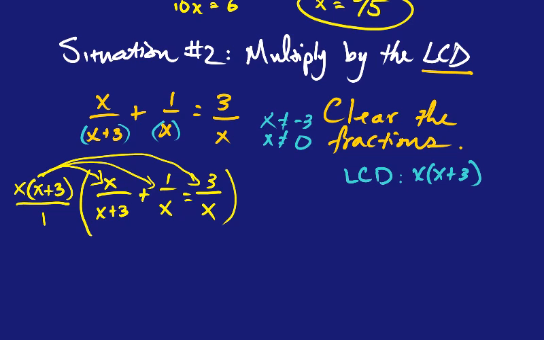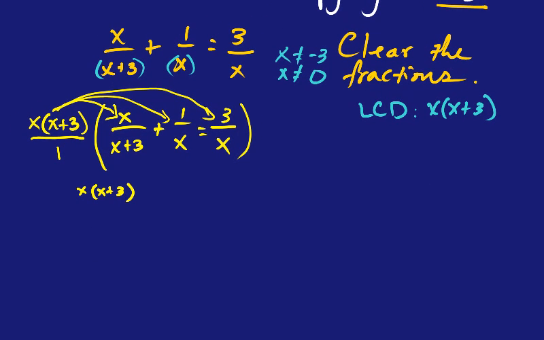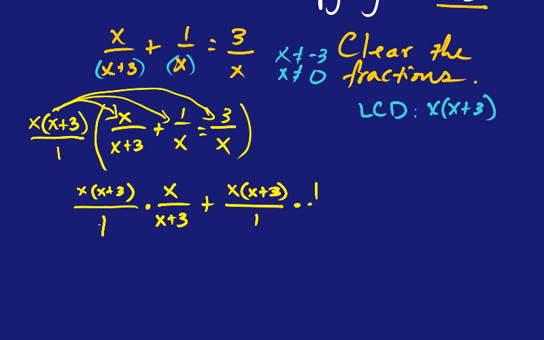I'm going to multiply them all. If you can imagine, as we start to multiply, the first one would be x times x plus 3 over 1 times x over x plus 3, plus x times x plus 3 over 1 times 1 over x, and that equals x times x plus 3 over 1 multiplied by 3 over x.